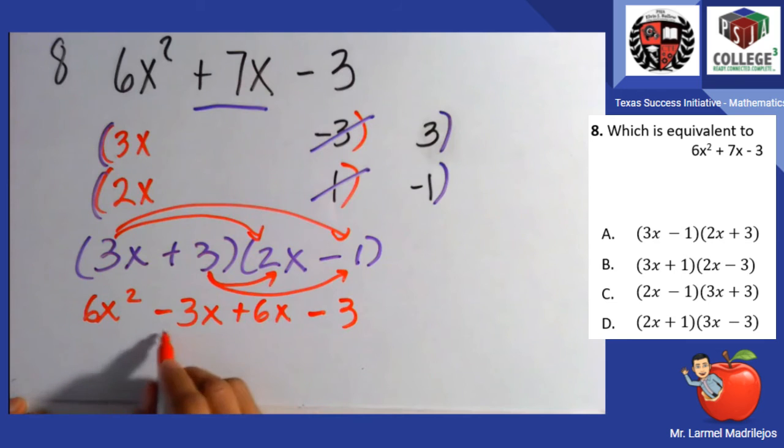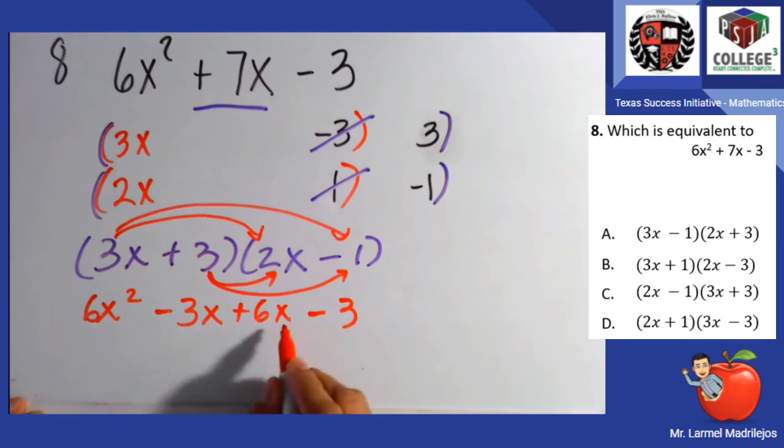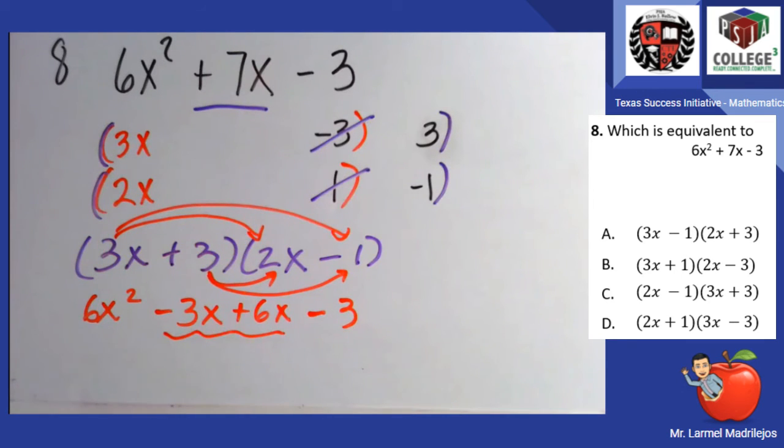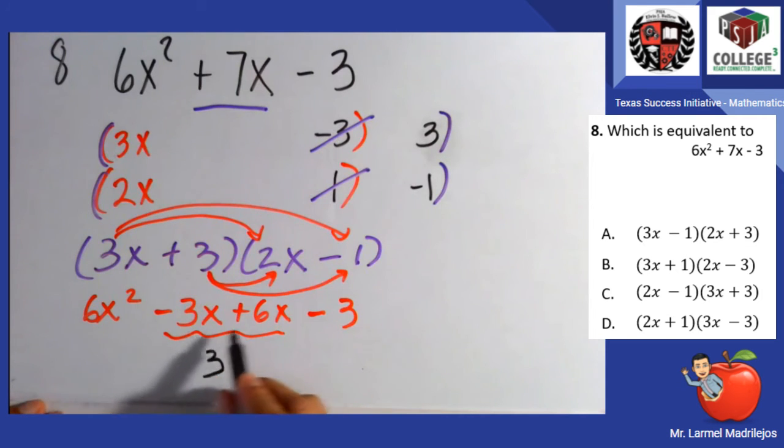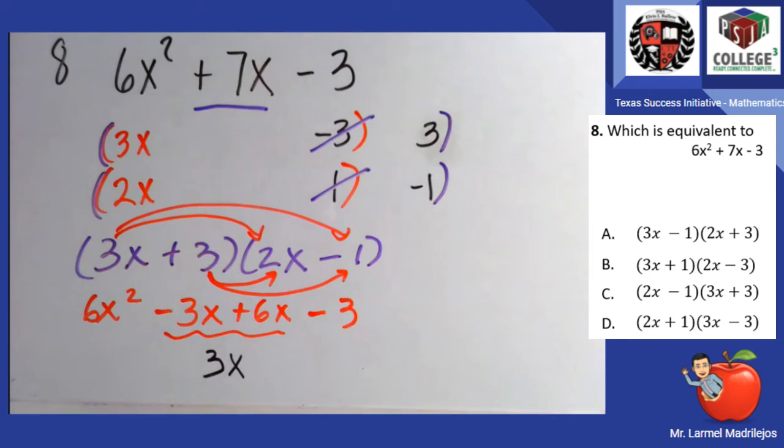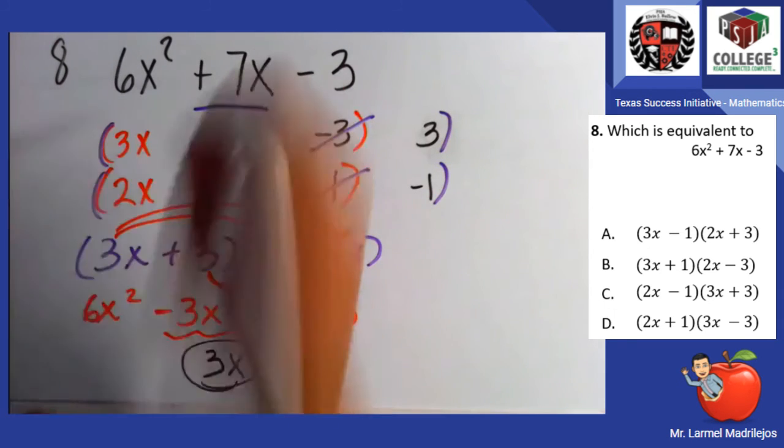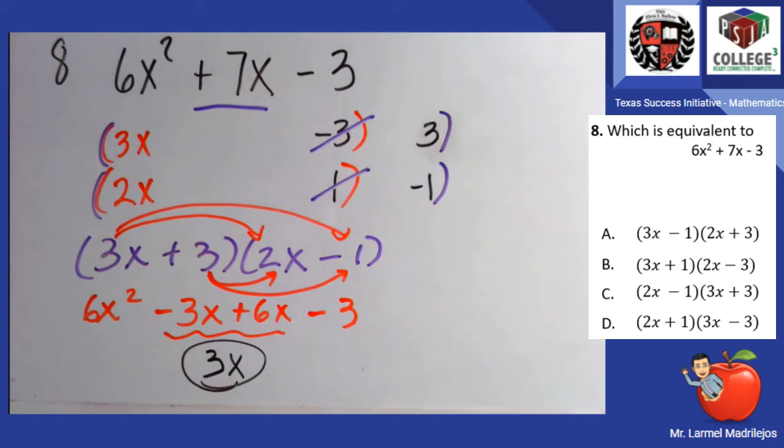So negative 3x plus 6x, this answer will be positive 3x. Okay, and this doesn't match that, so let's figure out another one here.